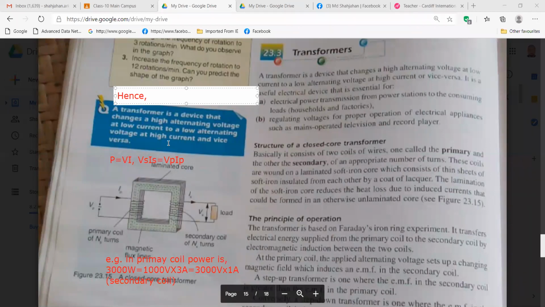Sir, time শেষ. Yeah, time is up. So you wrote everything, Azman? Yes, sir. Hence, a transformer is a device, vice versa. Are we done, sir? Just 1 minute. We will stop it.